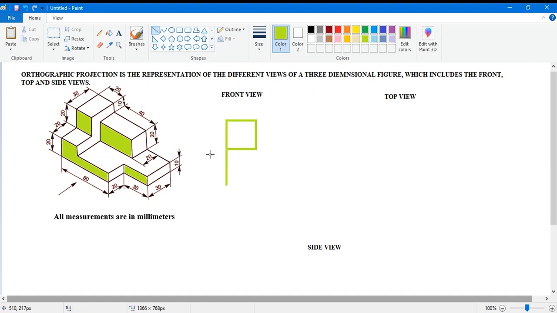Okay. This is another one. If you notice, I am drawing the front view here.